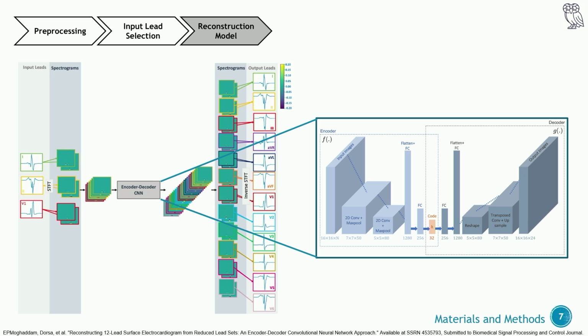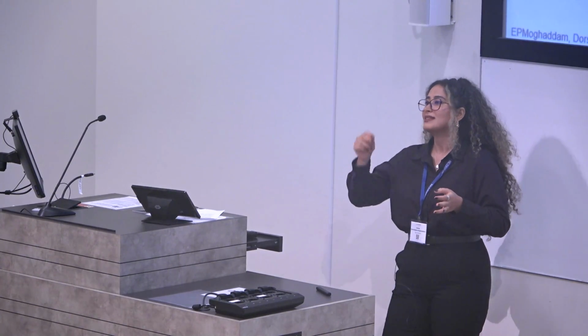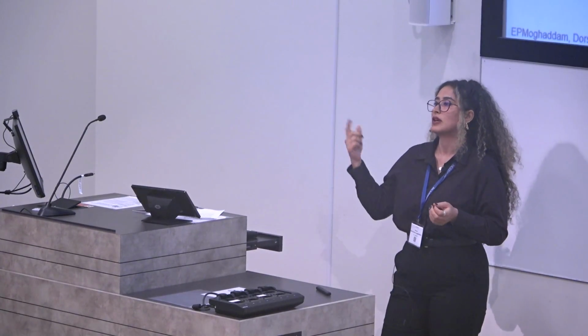We reconstruct those and then compare how similar the traces are. Okay, so you are passing 3 different signals and getting 12 different signals as output. Exactly. And we compare those 12 leads at the output with the real 12-lead ECG recorded from the patients.